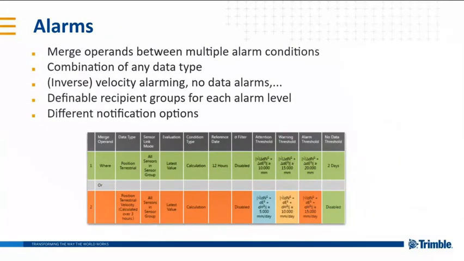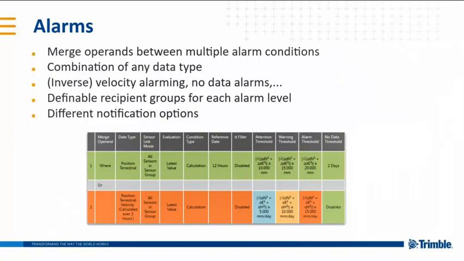And of course, a very important feature of any monitoring system is an automated alarming functionality, right? T4D allows you to basically alarm on everything. You can alarm on prism movements, you can alarm on temperature values, you can configure a no data alarm. So it's very powerful.